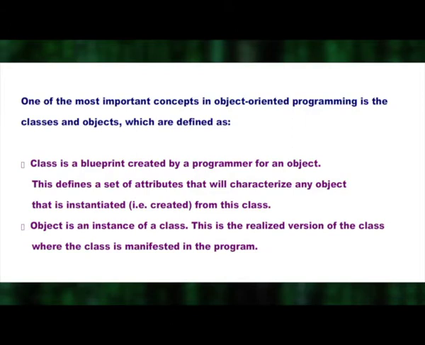This is the realized version of the class, where the class is manifested in the program. These are used to create patterns in the case of classes and then make use of the patterns in the case of objects. In this module, we will go through creating classes, instantiating objects, initializing attributes with a function called the constructor method, and working with more than one object of the same class.